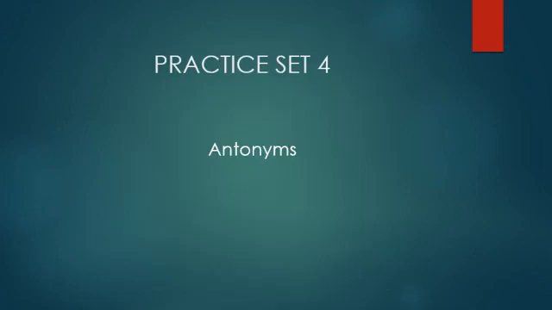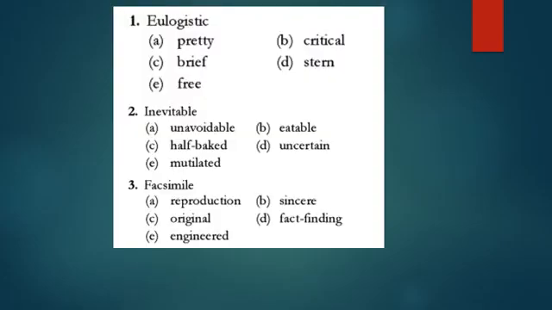Now let us go to practice set number 4 on antonyms. And after that we'll see its answers too. Eulogistic: pretty, critical, brief, stern, free. Inevitable: unavoidable, eatable, half-baked, uncertain, mutilated. Facsimile: reproduction, sincere, original, fact-finding, engineered.